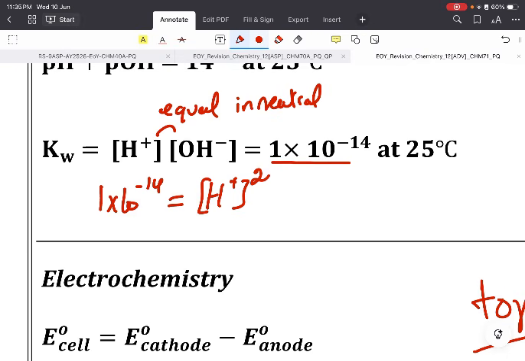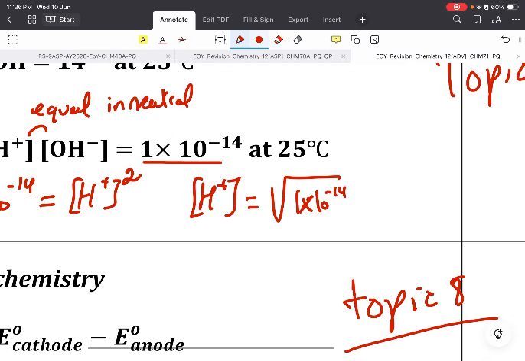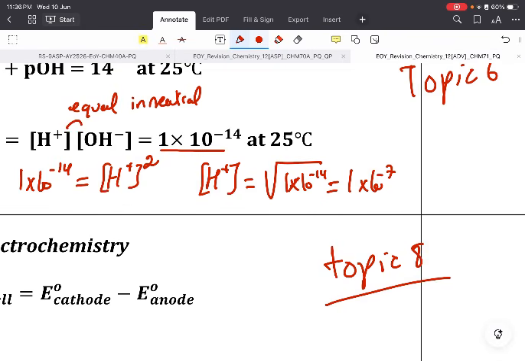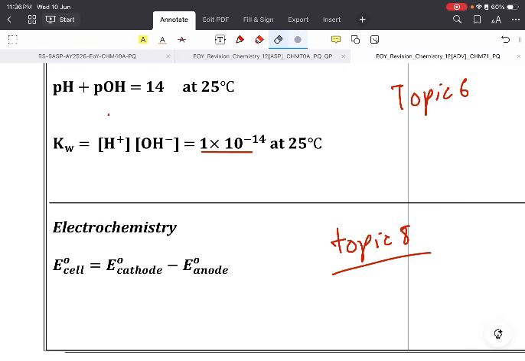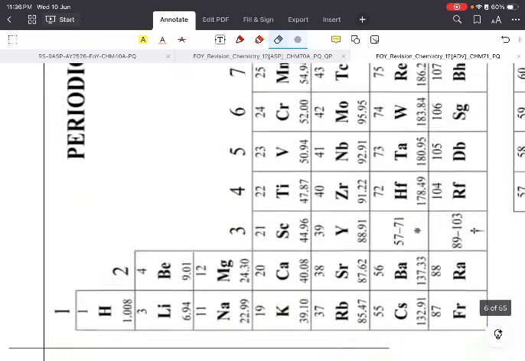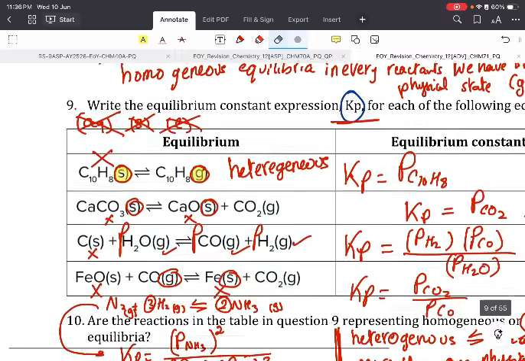Now if I want to solve for H plus, I take the square root of 1 times 10 to the power negative 14, and that is 1 times 10 to the power negative 7. So this is where I got this number. Now I'm gonna erase it and continue with the next question.